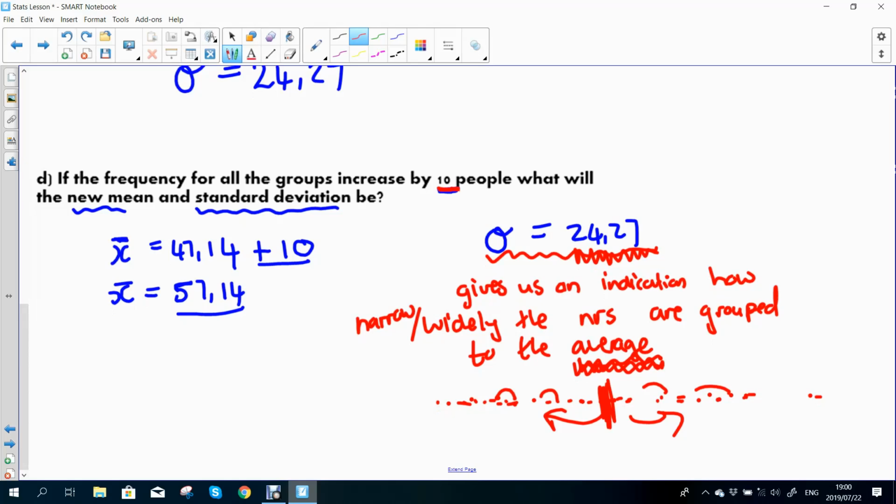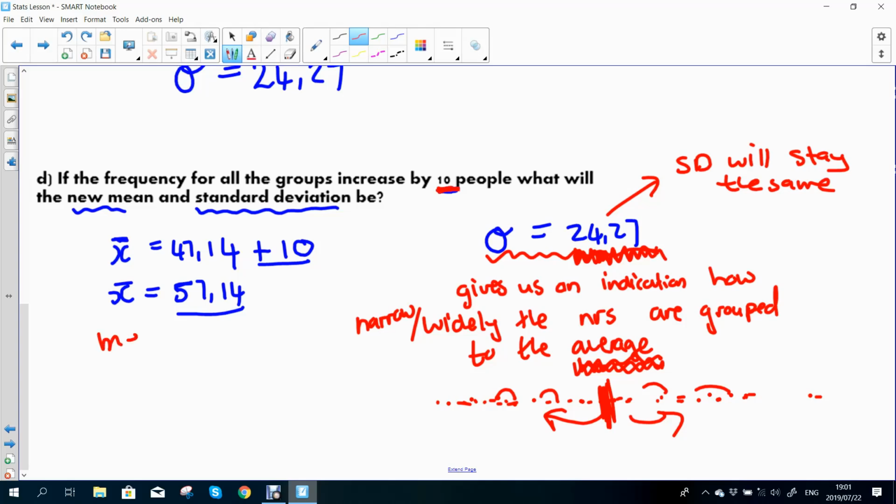Yes, the values will increase, but what does the standard deviation tell me? It's about the distances away from the average. So if all the values increase by 10, then the distances to the average stay the same. So your standard deviation will stay the same. It will not increase and it will not decrease because all the values are getting 10 people added to it.